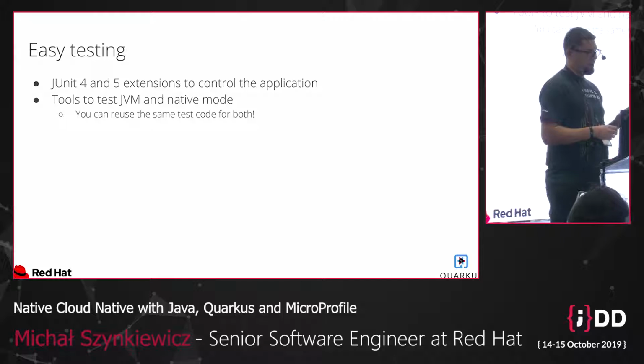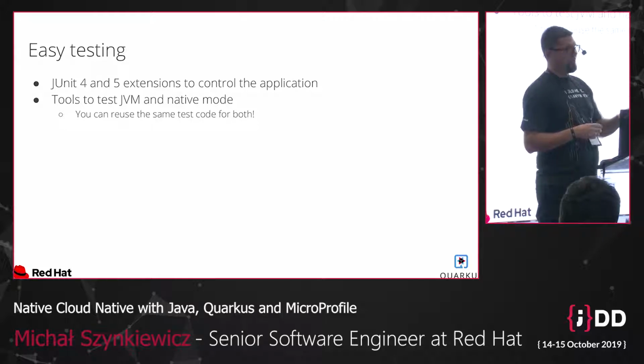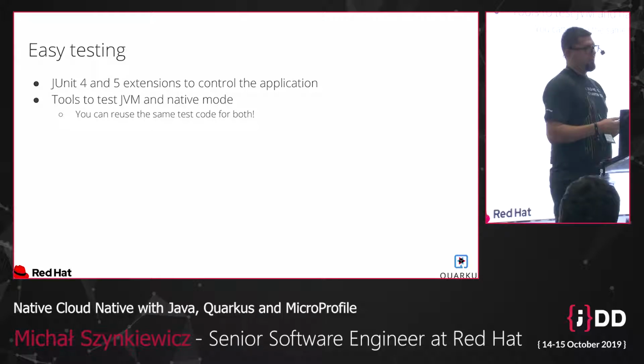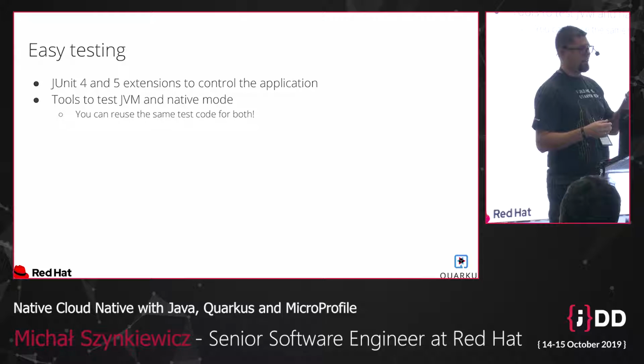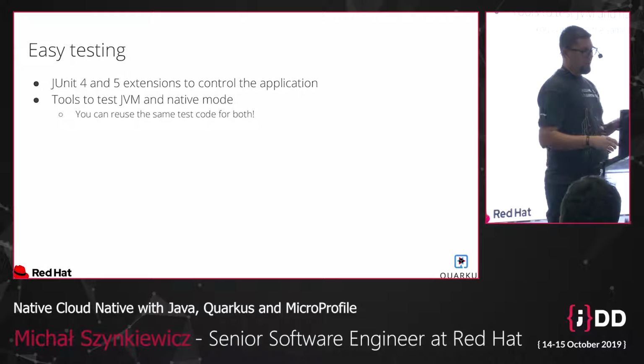But there's one gotcha here. The test classes are not put into the native binary, not to interrupt the ahead-of-time compilation. So it's like client-side testing. You can use, for example, the REST API to test it, but you cannot grab a specific CDI bean and do anything on it.